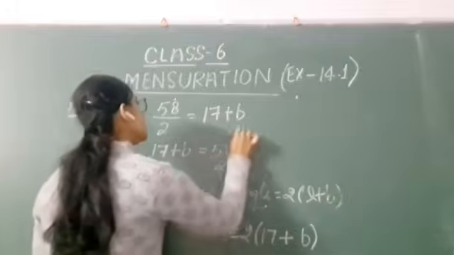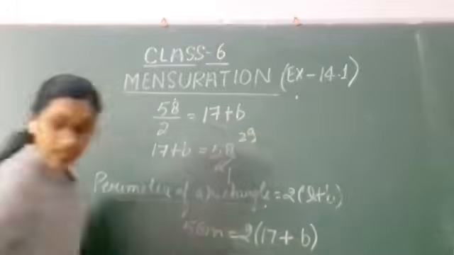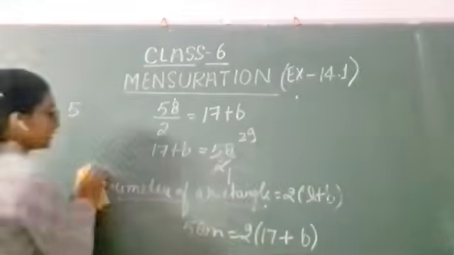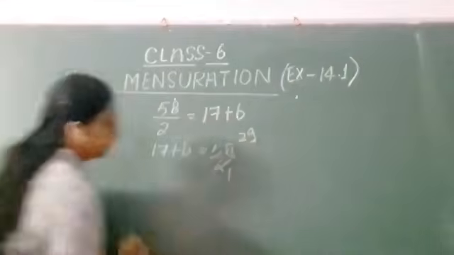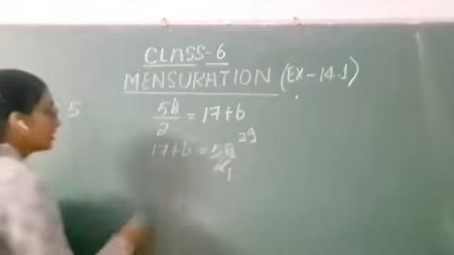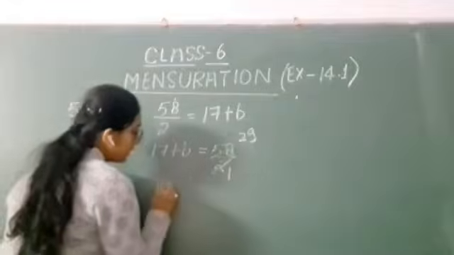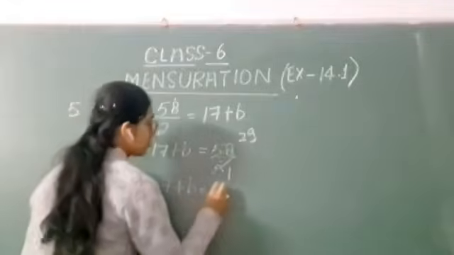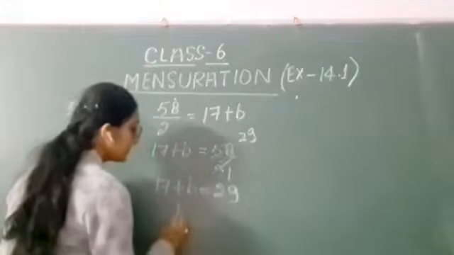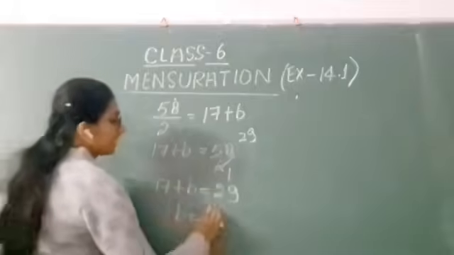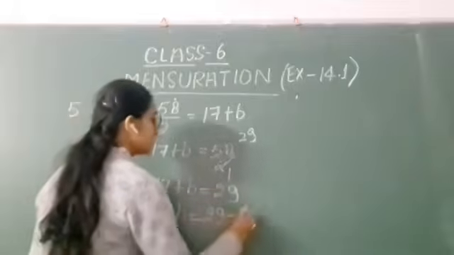Ones are 2, 2 2s are 4, 2 9s are 18. Then 17 plus b is equal to 29 and b is equal to 29 minus 17.